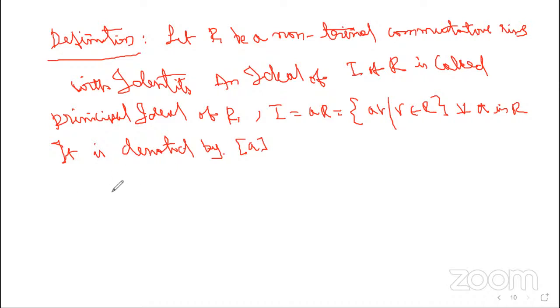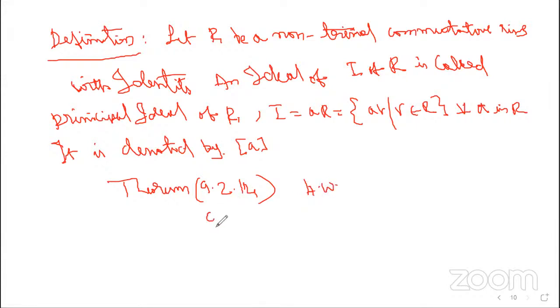So using this definition, theorem 9.2.14: prove that the ring Z of integers is a principal ideal ring. This is for 10 marks.